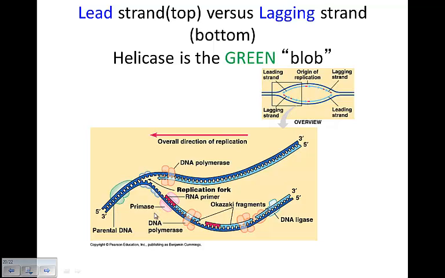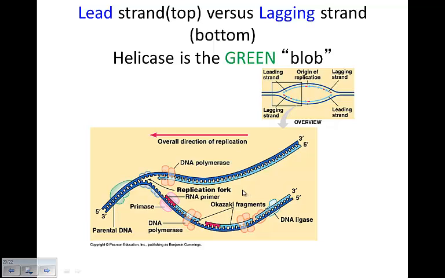So the lagging strand here, so this is the leading strand. The lagging strand, this side of the replication fork, has DNA not running in the 5 prime to 3 prime. So it's behind the other one. It's going to be lagging, just like the word, if you're lagging behind.